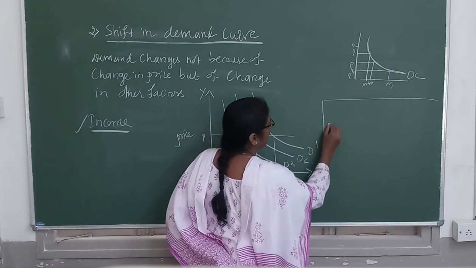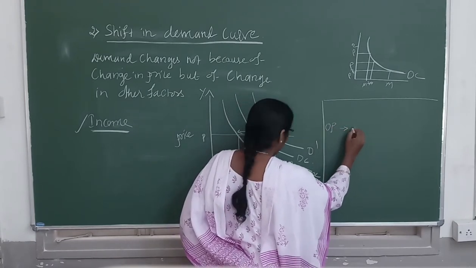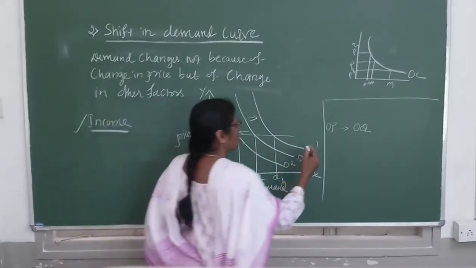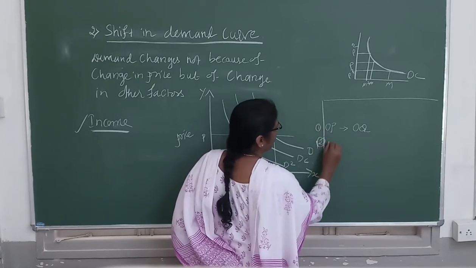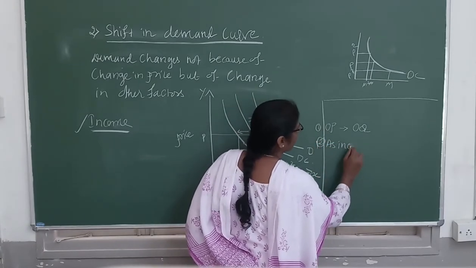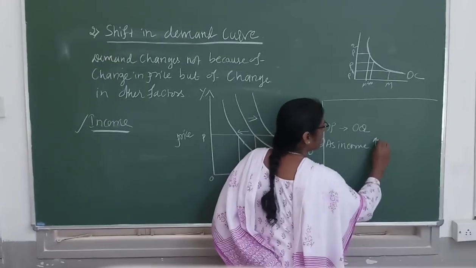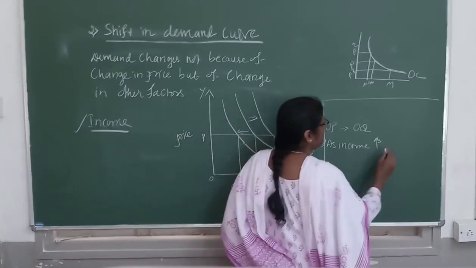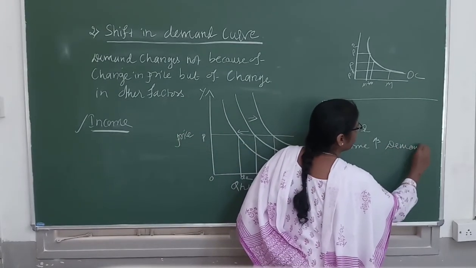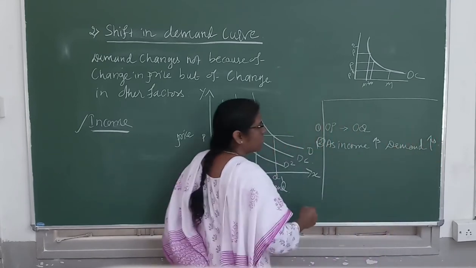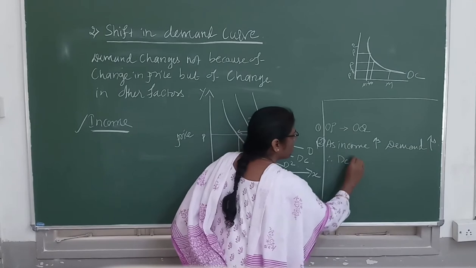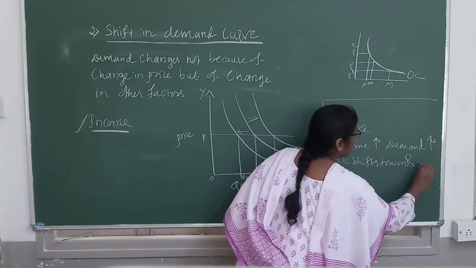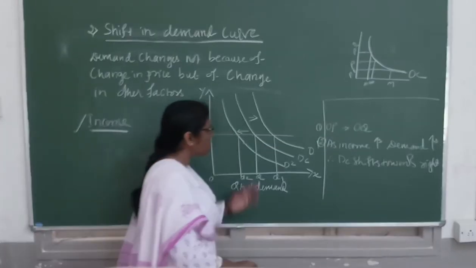Initially, OP is the price. At OP price, demand is OQ. This is the first point. Then the second point: as income increases, demand also increases. Therefore, the demand curve shifts towards the right.